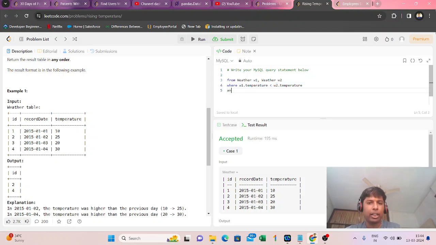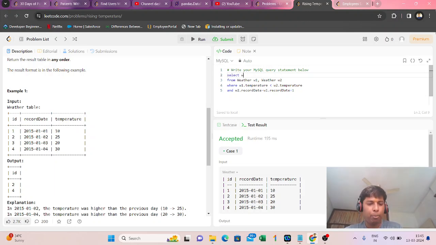The second condition is the date condition, where you should only check for one consecutive day. So w2.record_date minus w1.record_date equals 1. Simple. The difference between two dates will always give you the result in number of days. Remember this. Now what do you have to select?